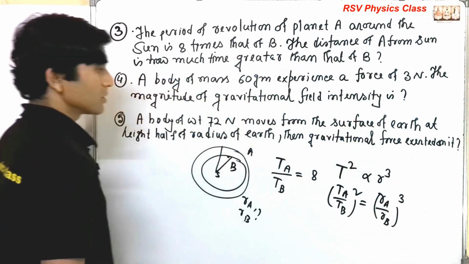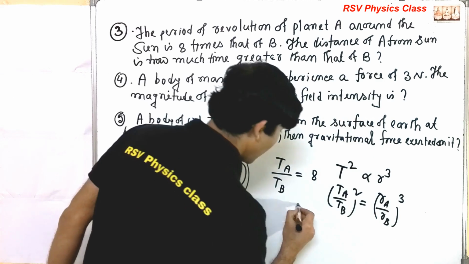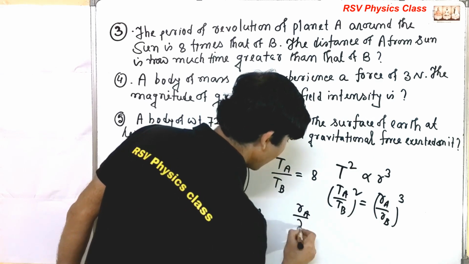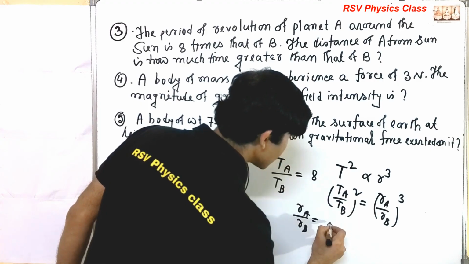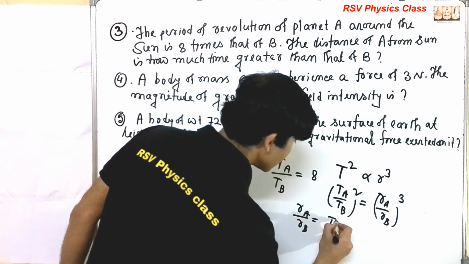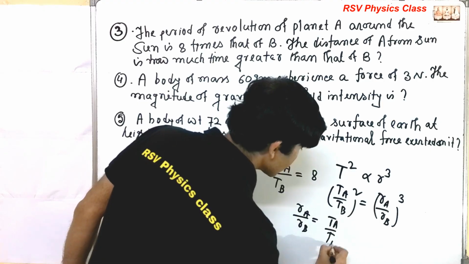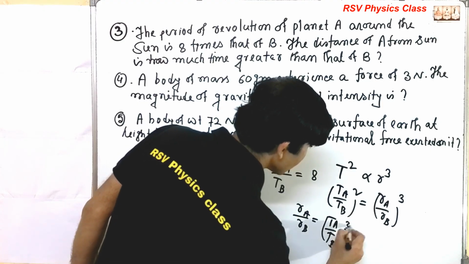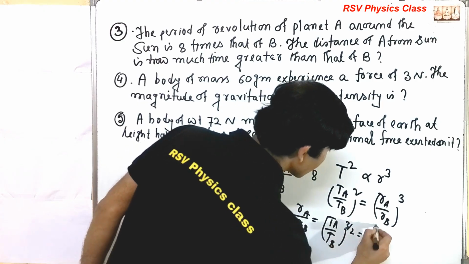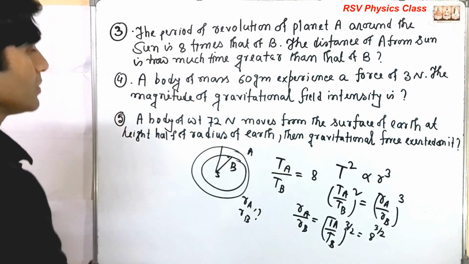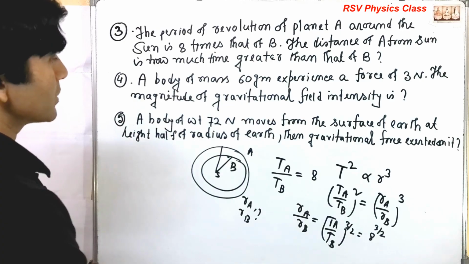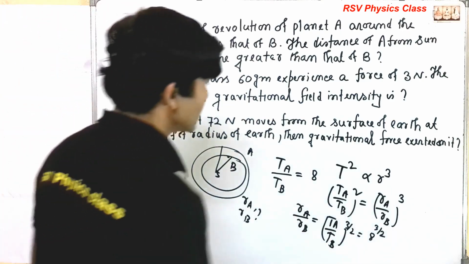Okay, so RA over RB equal to (TA over TB) to the power 3 by 2, that is 8 to the power 3 by 2, right? So 8 to the power 3 by 2 means how much is it?